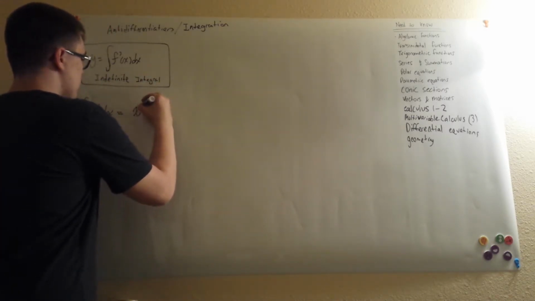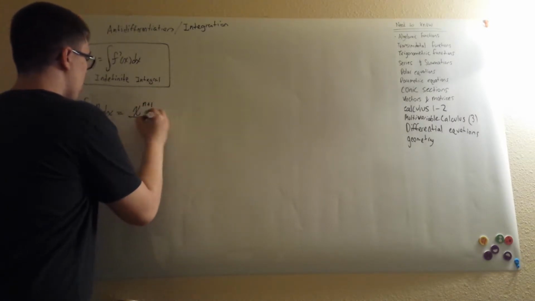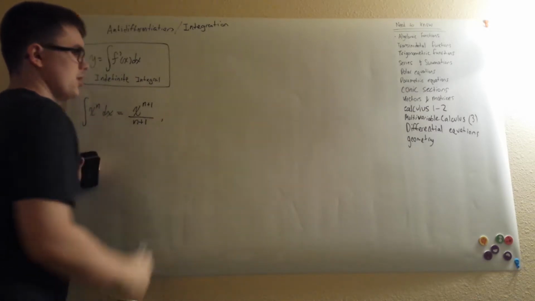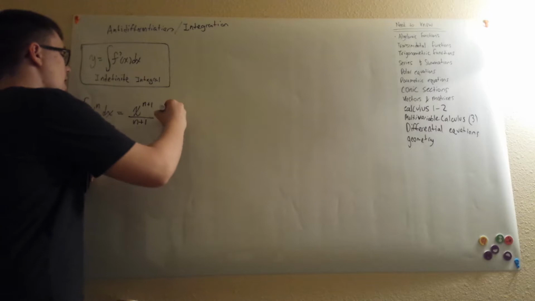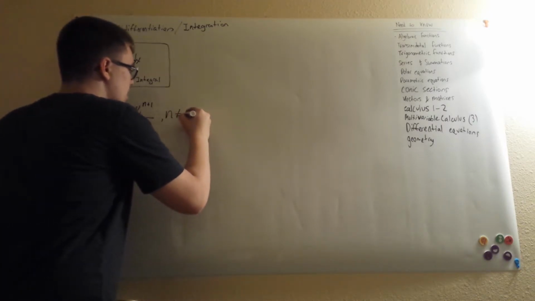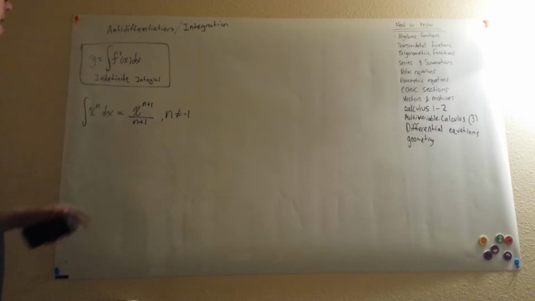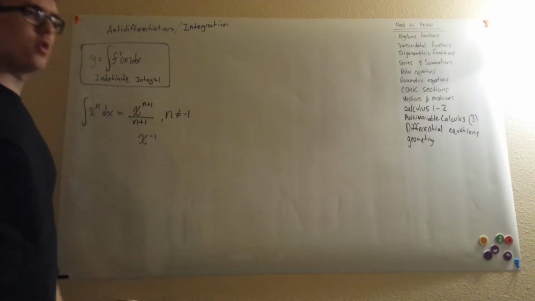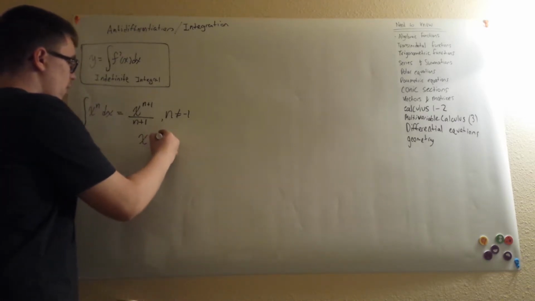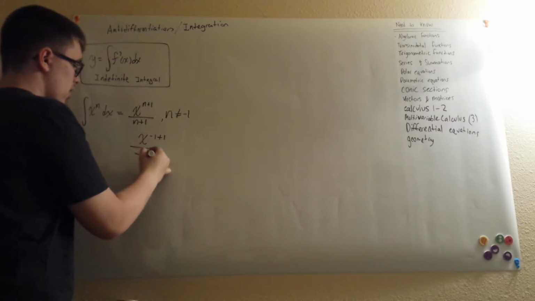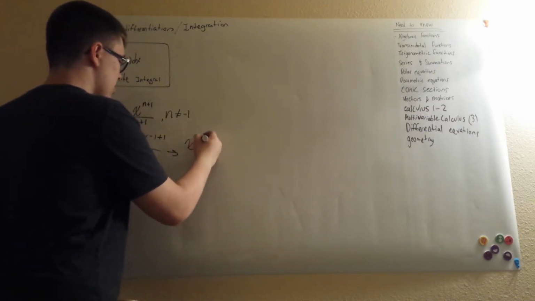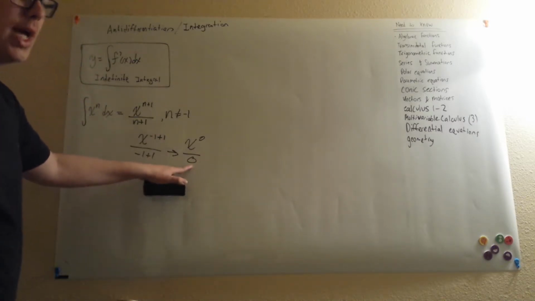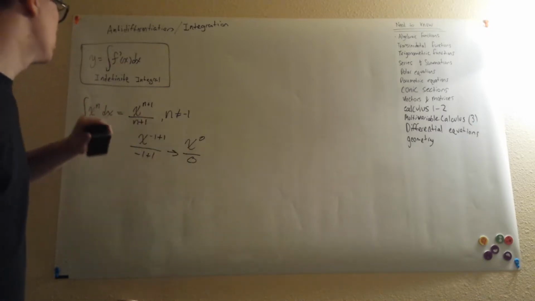So this will be x to the n plus 1 over n plus 1. And there is an exception. n cannot be negative 1. And we'll find out why. If we let n equal negative 1, if we follow our rule, there'll be x to the 0 over 0. We cannot divide by 0, so there is an issue.